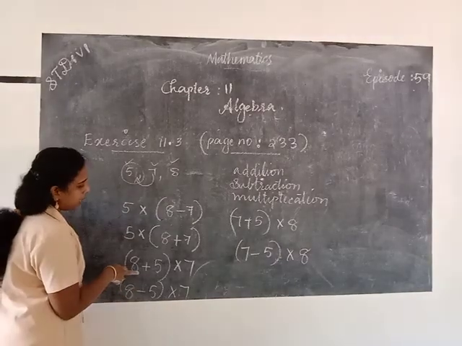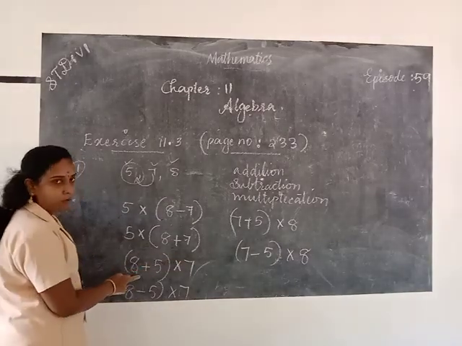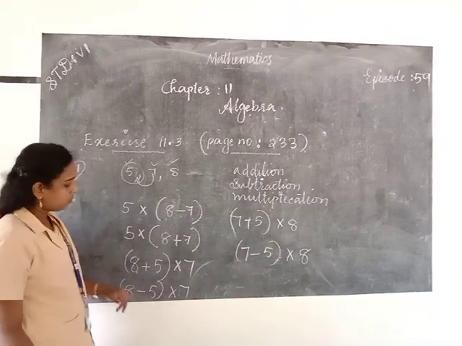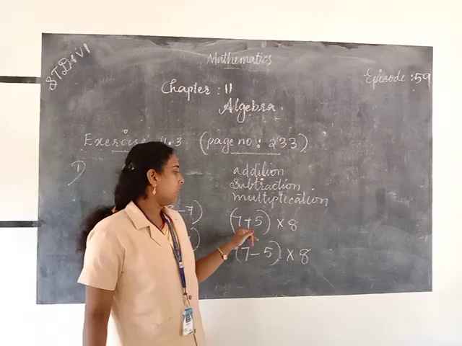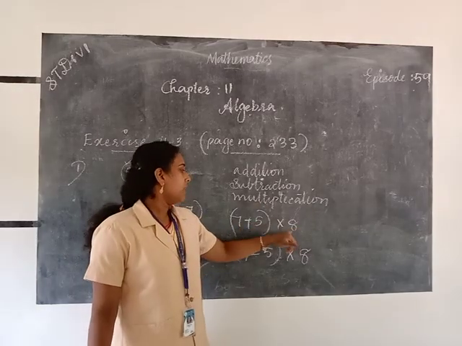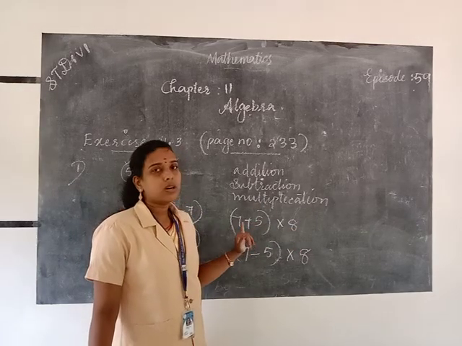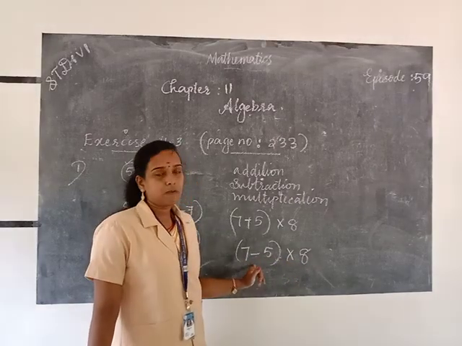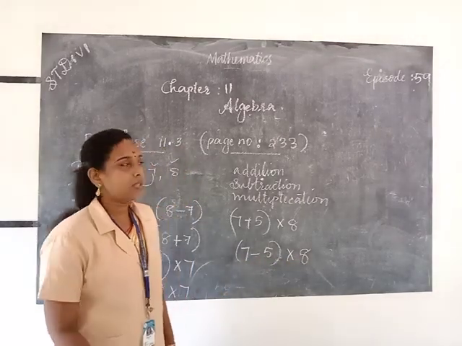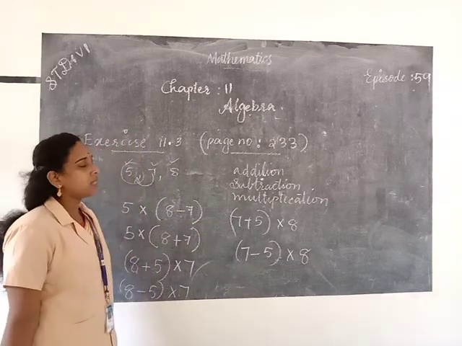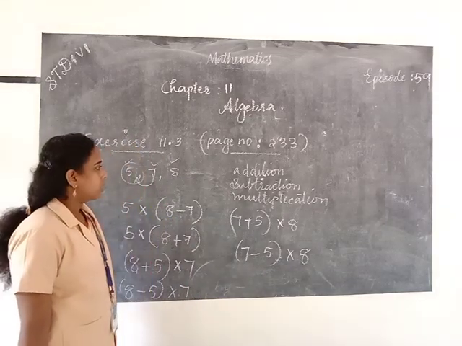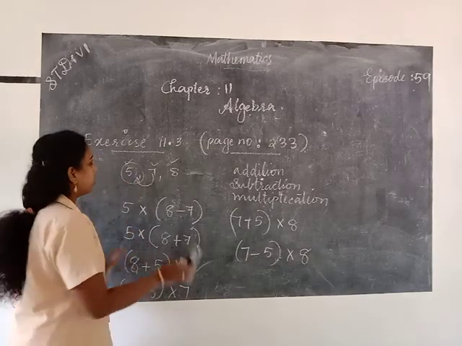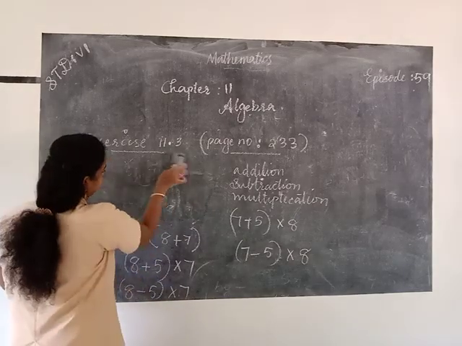Then multiply 7 with the sum of 8 and 5, or multiply 7 with the difference of 8 and 5. We can multiply 8 with the result of 7 plus 5, and multiply 8 with the difference of 7 and 5. So these are the possible expressions that we can make with these numbers. Okay.